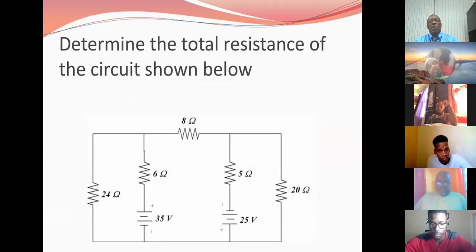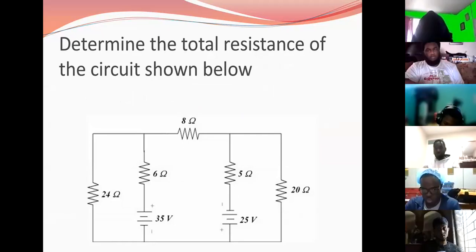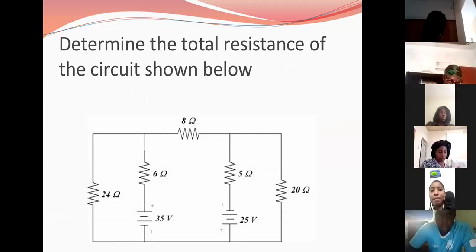Don't take the question. I just want us to look at it and try to determine the total resistance. Mr. Alexander, if I were to ask you to find the total resistance for this circuit, how do you do that?